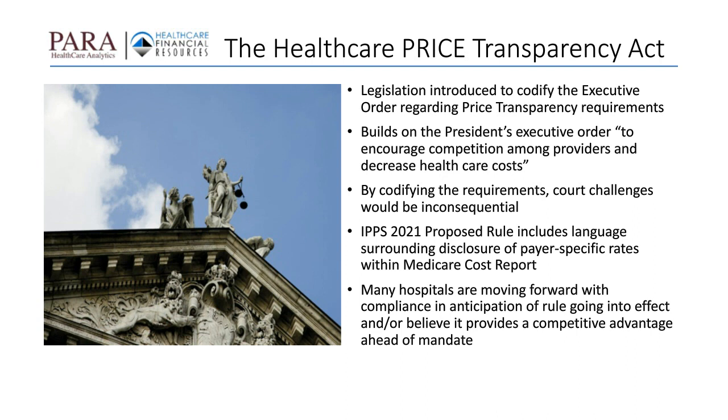Additionally, the IPPS 2021 proposed rule is also discussing requirements related to disclosing payer-specific rates within the Medicare cost report. So CMS essentially is looking to see if using a median DRG payment rate from third-party payers or Medicare Advantage plans is a better methodology to allocate costs among the DRGs than the current cost-finding process.